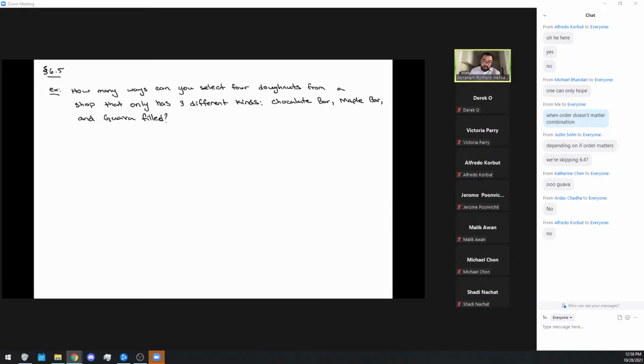Okay, so let's actually write this out. I'm going to do it brute force, meaning I'm going to do it the long way, and then I'm going to do it a different way. Let's say the first 4 donuts I want to be chocolate donuts. I'll call this C for chocolate, M for maple bar, and G for guava filled.